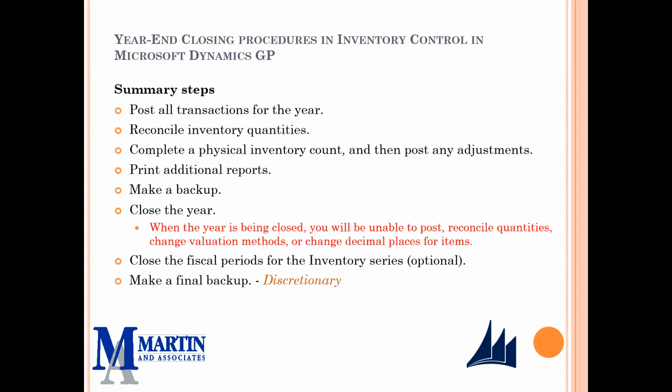And then you would do, ideally, a year-end inventory count, or if you do cycle counting regularly, you don't necessarily have to do a complete physical inventory at the end of the year, but it is recommended just to make sure that you have the correct counts, correct valuation, and run through that process.